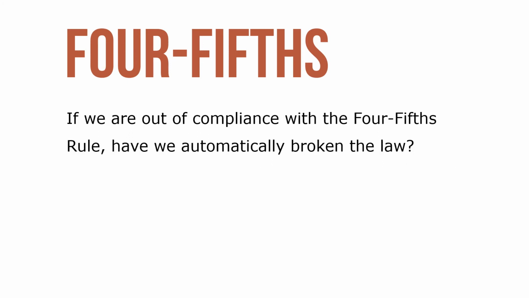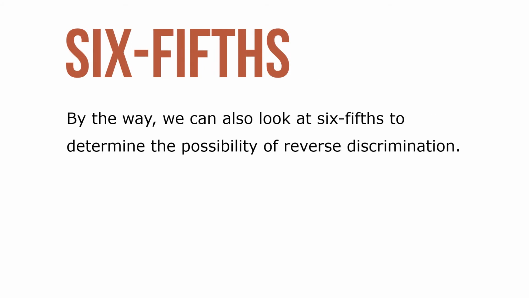If we're out of compliance with the 4/5 rule, we have not necessarily broken the law. We do have to investigate why we're outside the 4/5 parameter, though. By the way, we can also look at the 6/5 to determine the possibility of reverse discrimination. It's the same concept with slightly different numbers.